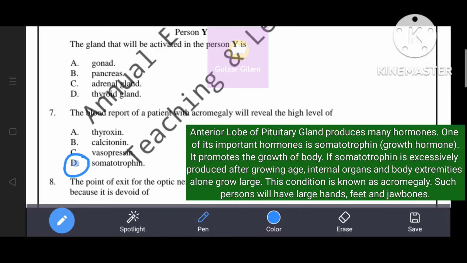One of its important hormones is somatotrophin, growth hormone. It promotes the growth of the body. If somatotrophin is excessively produced after growing age, internal organs and body extremities alone grow large. This condition is known as acromegaly. Means option D, somatotrophin, is the correct answer.